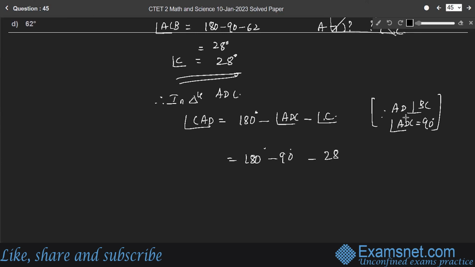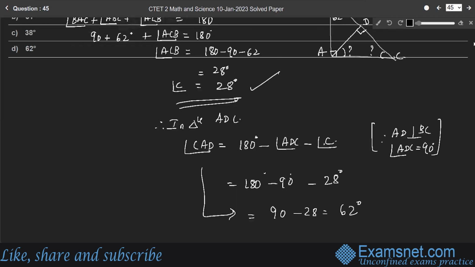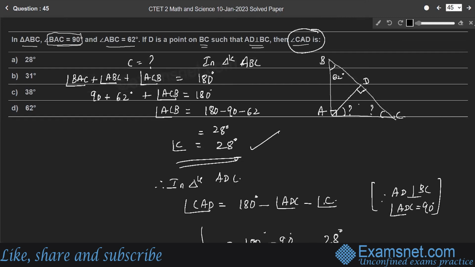Angle C we have already calculated as 28 degrees. Therefore, 180 minus 90 is 90, minus 28, which is equal to 62 degrees. So this angle CAD is 62 degrees. Hence option D.